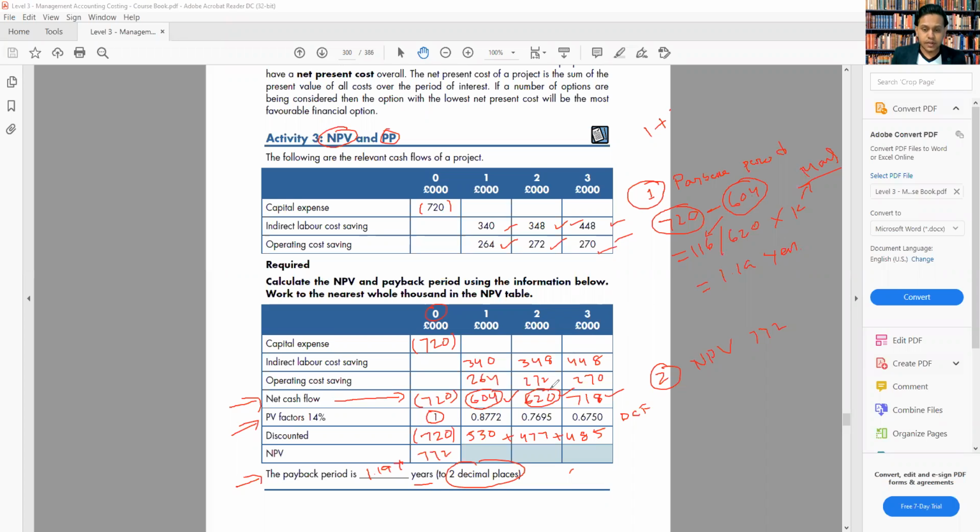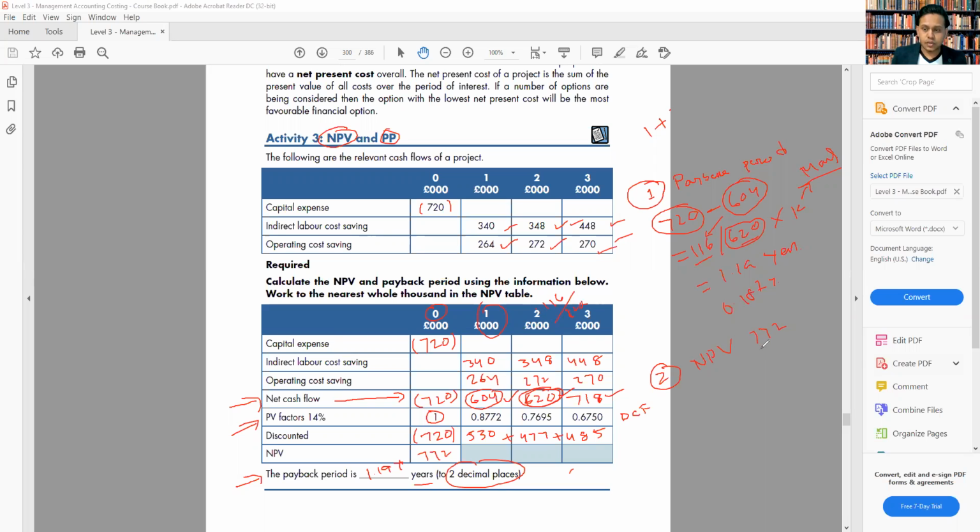In the next year, we receive 620. We don't need 620, we need only 116. So 116 divided by 620 gives me 0.187 years. I need the full year number 1, I don't need the full year 2, I just need a little bit from year 2, that is 116 over 620.